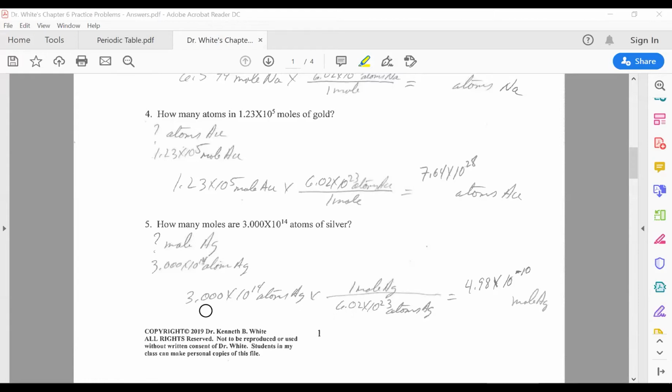And this is 4 significant figures, 3. When you multiply and divide, your answer should have the same number of significant figures as the number with the lowest, which in this case is 3. And here's the number, 4.98 times 10 to the minus 10.